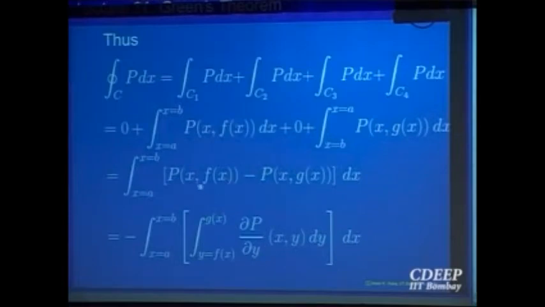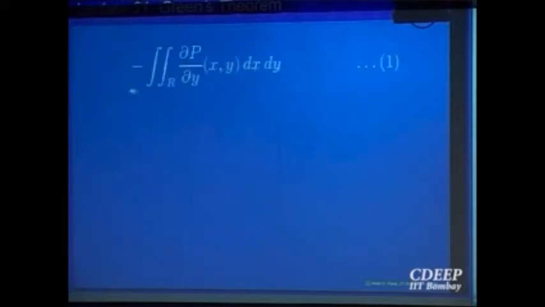So what is this integral? This is a double integral of this function over the region x going from A to B, y going from f(x) to g(x), over that region R which is enclosed by the curve C. So it is minus the double integral of the partial derivative of P with respect to y, dx dy.